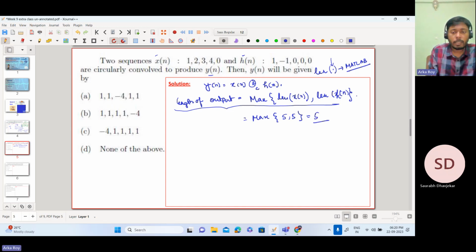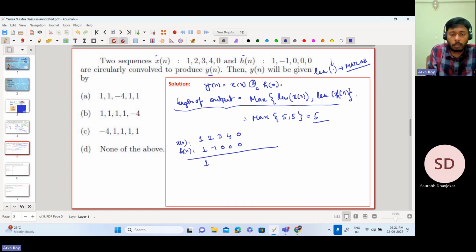Okay, given this, let us compute the circular convolution. x(n) is 1, 2, 3, 4, 0, and h(n) is 1, minus 1, 0, 0, 0. I will multiply every element of x(n) with h(n), and for the next component I will shift to the right, again do the multiplication, and at the end add them.